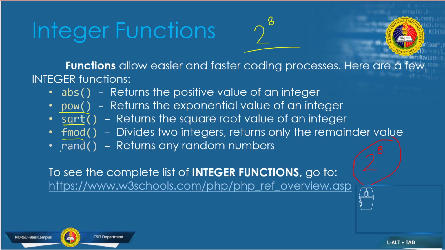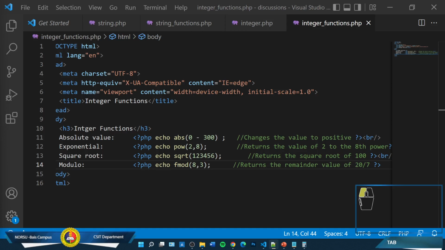Yes, sir. And then random, or rand, returns any random number. This is useful, for example, if we create a system that will generate numbers, like a ticket or raffle system that generates a random number. So let's copy and paste it. Let's create a random number.